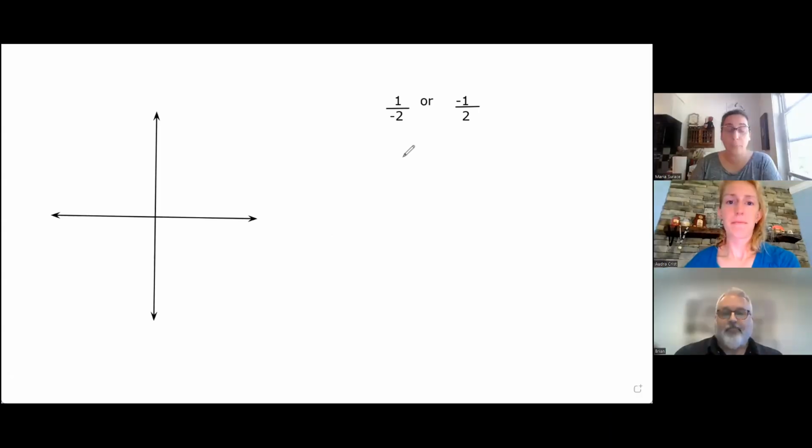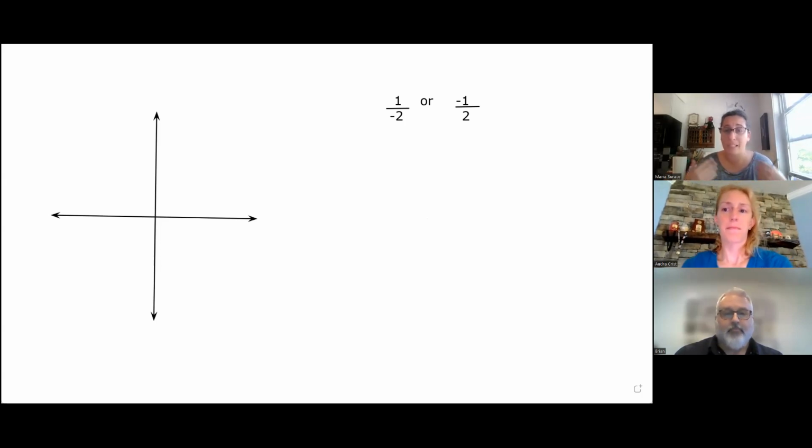I would like to move the conversation to a slightly different direction and discuss the numerical representation of slope. That's a really good point, Brian, that you bring up. The numerical representation of slope also is represented in fractions with the numbers. For example, let's say we have the slope of -1/2. That negative value could be placed in the numerator or the denominator. But let's look at what happens regardless of which one we do graphically.